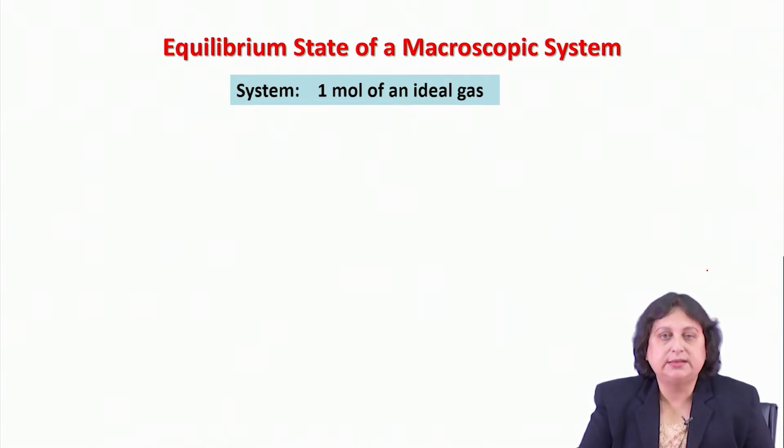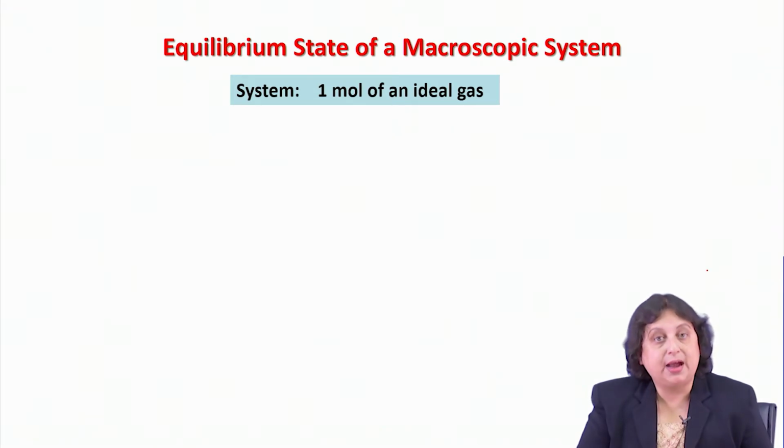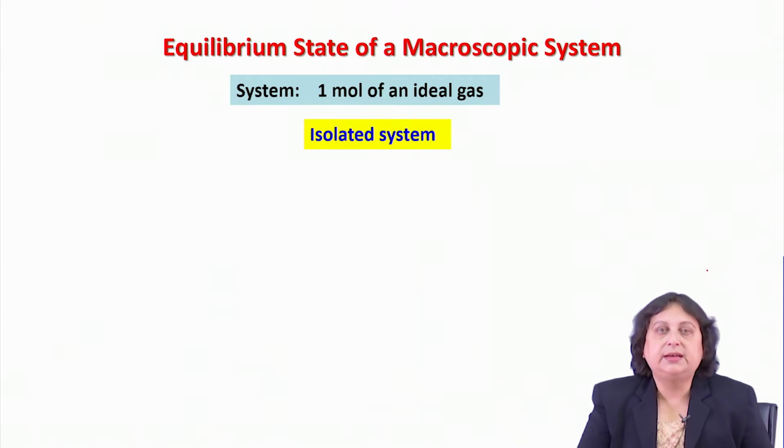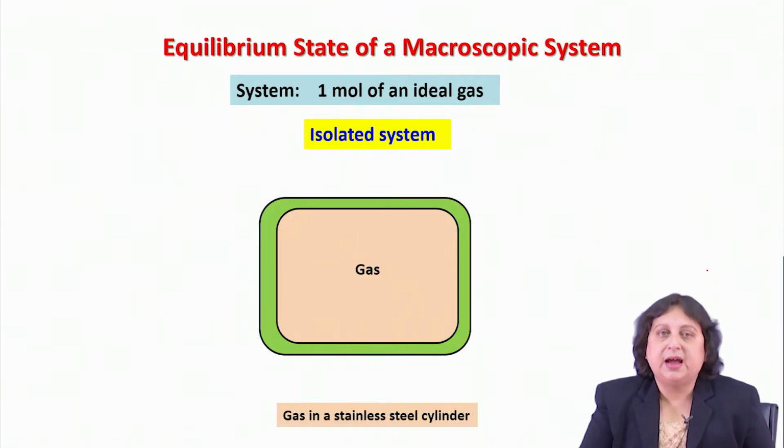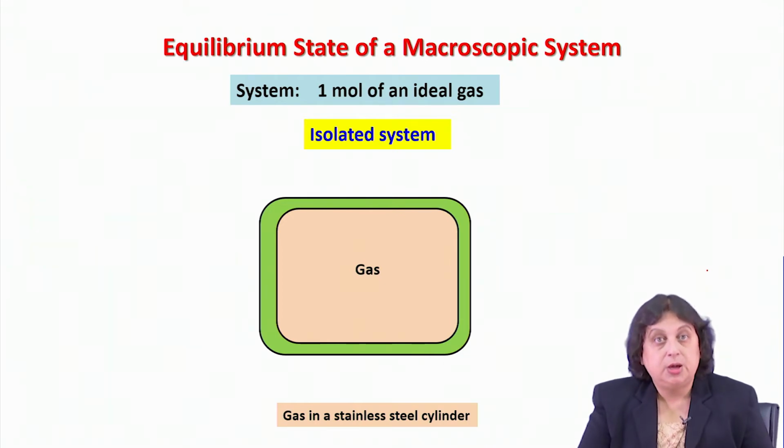So what I want is to prepare an isolated system containing 1 mole of an ideal gas. So this is how I'm going to do it. I'm going to take first the ideal gas in a stainless steel cylinder. Do you think in this way the gas is isolated?